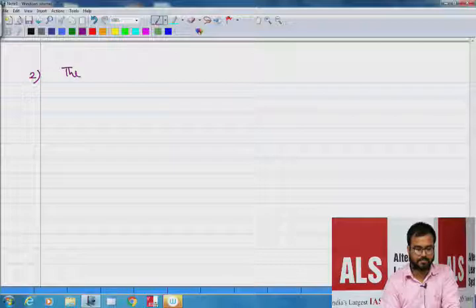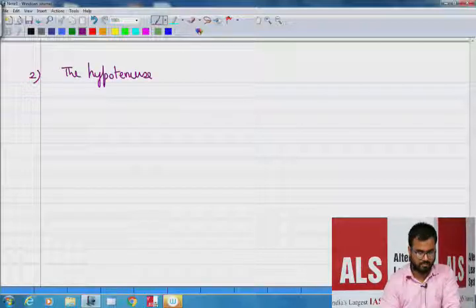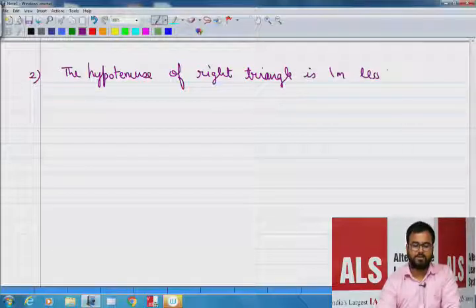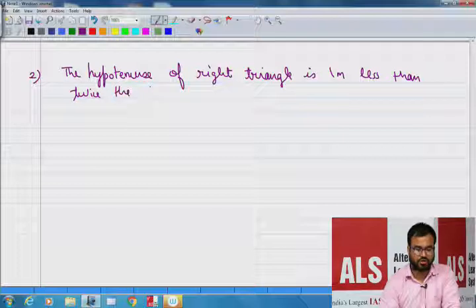Solve this. The hypotenuse of a right triangle is 1 meter less than twice the shortest side.